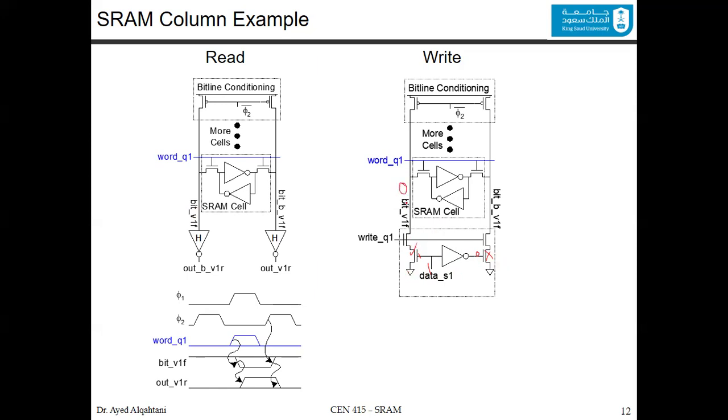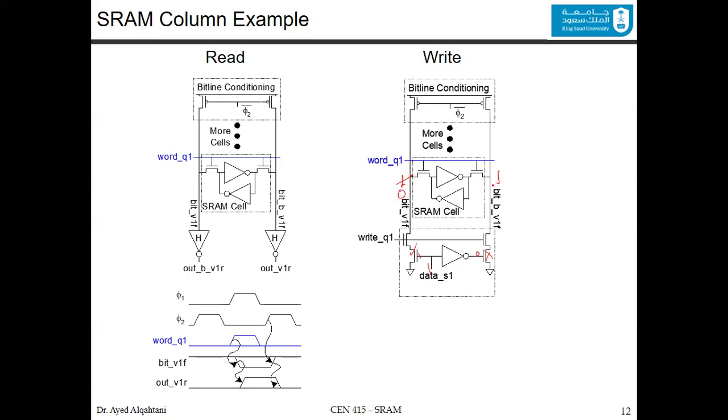This is the ground, and the value that was 1, 1 in phi 2 will be replaced by this.